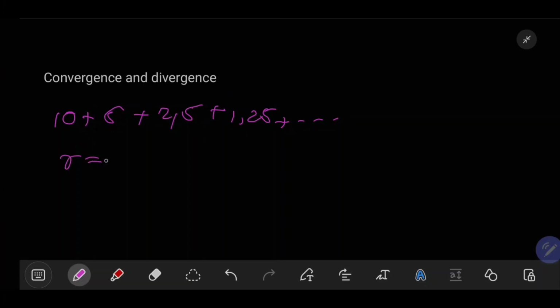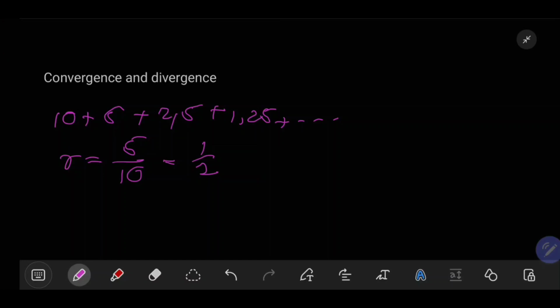So r is equal to 5 over 10, which is 1 over 2. Does this series converge or diverge? The term values are getting smaller and smaller.